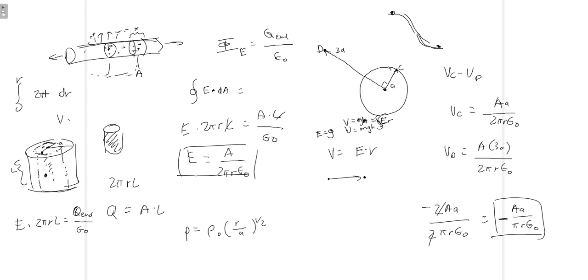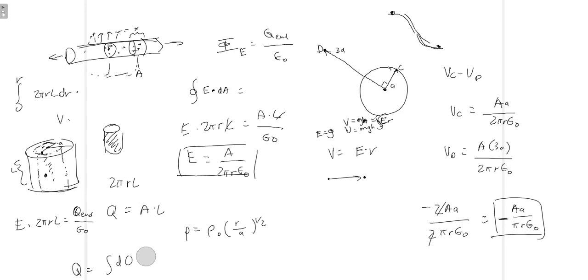Again, we know that this is 2 pi r times the length here, times, so the total charge is the integration of all these charges.